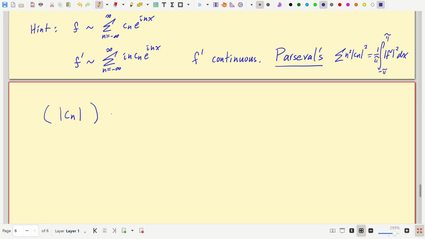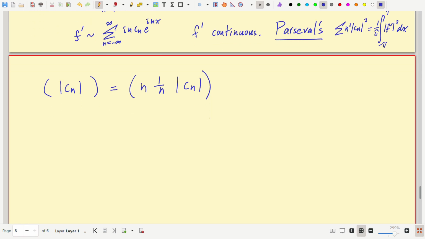And I want to write that as n times 1 over n Cn. And I realized that that's kind of like a dot product. That would be the vectors 1 over n dotted with the vectors n Cn.